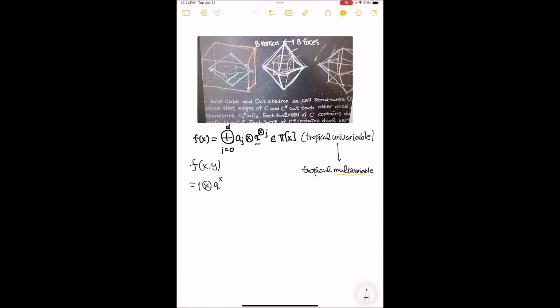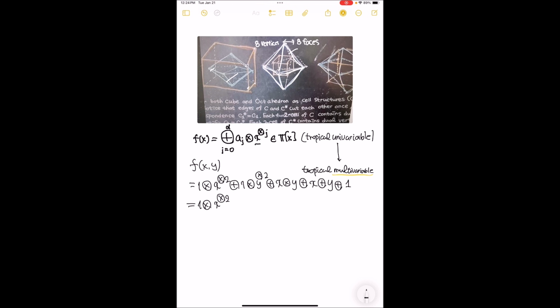If that is two variable, then let's think about the following tropical polynomial like this.